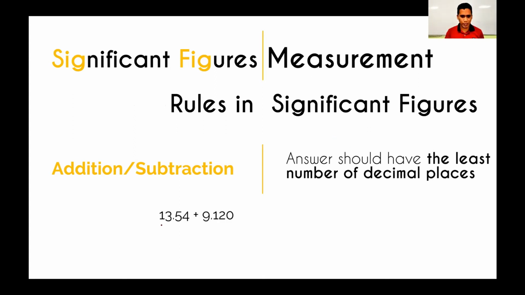So for example, if we have 13.54 plus 9.120, that is equal to 22.660.